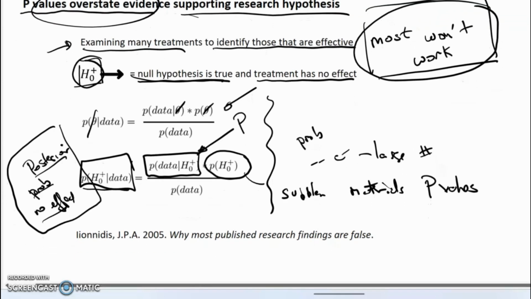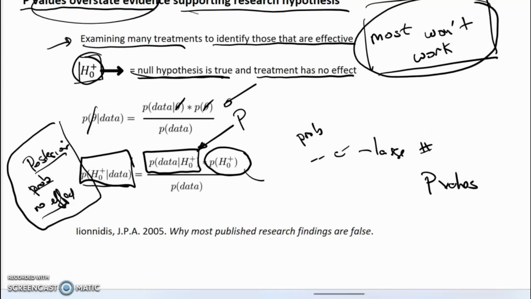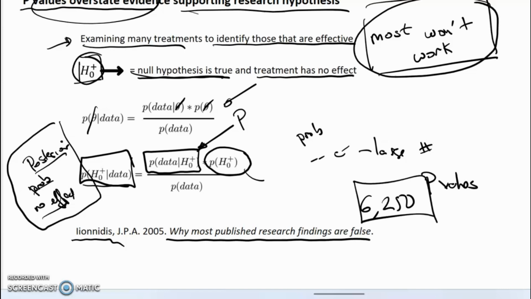The reason I bring it up is that there's a very important paper by John Ioannidis about why most published research findings are false. It's been cited about, last time I looked, 6,200 times, and part of his reason for arguing that most published research findings are in fact false is based on this logic.